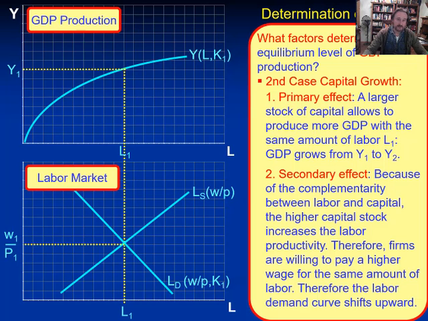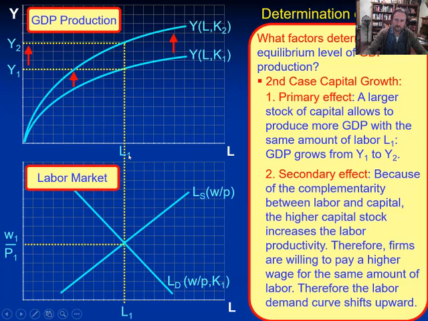The primary effect is that the larger capital stock shifts the production function upward, as we've already seen. So a larger capital stock allows us to produce more GDP with the same labor input L1. This increase of GDP is what we can call a primary effect.